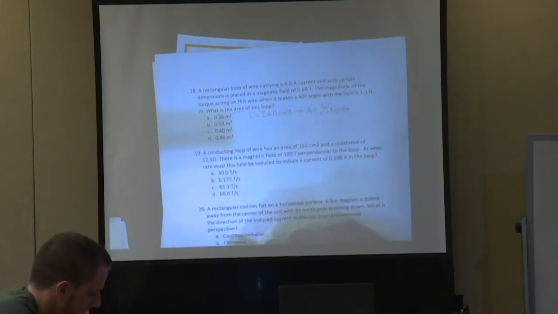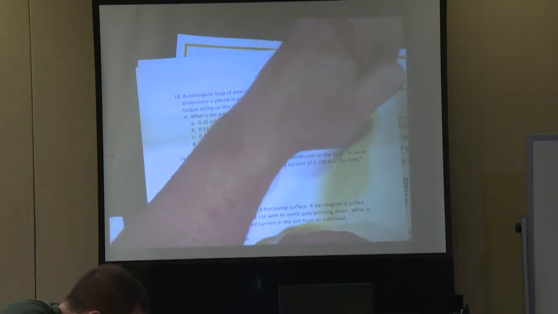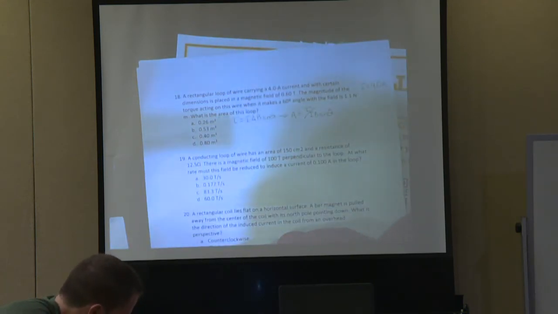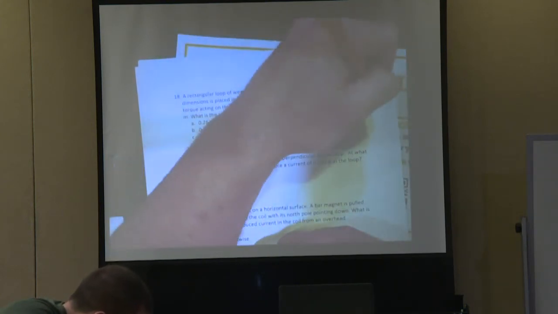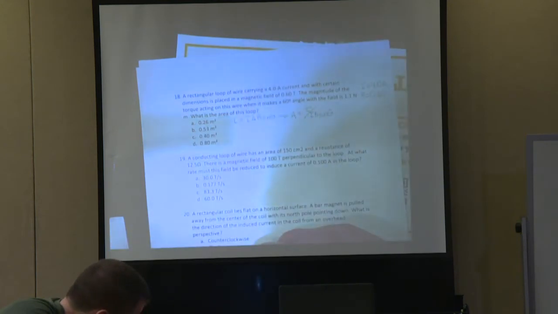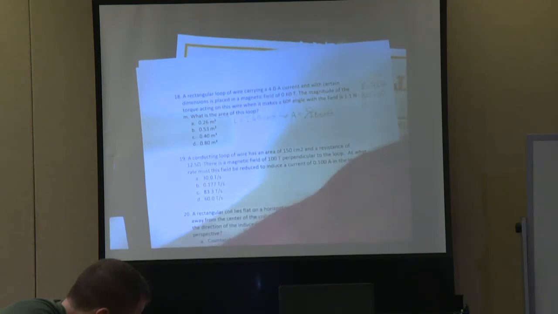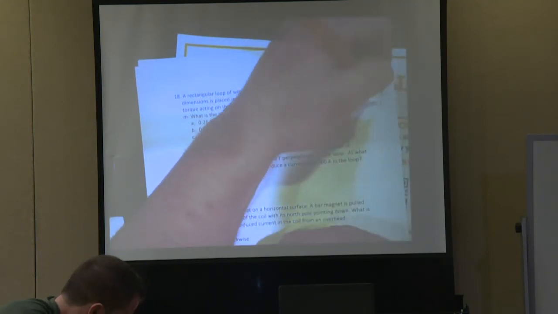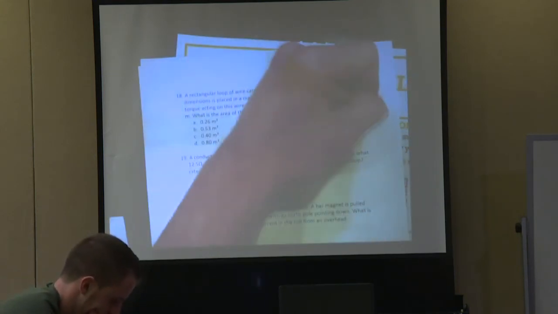Then our current is 4 amps, B equals 0.60, and theta will be 60 degrees. And the torque, 1.1.